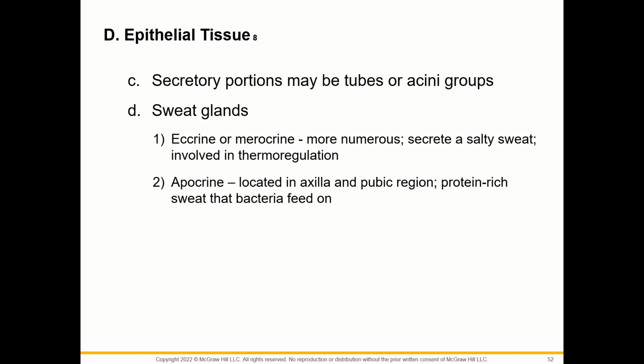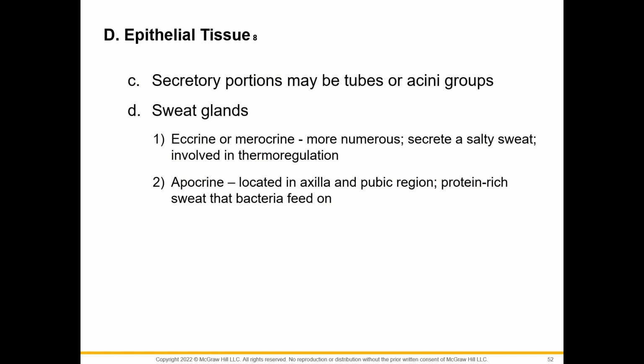The secretory part, the part that secretes the exocrine substance, may be tubes or acini groups. If they're acini groups, they're going to be more bulbous shaped than the tube. Sweat glands are a good example. Eccrine and merocrine are more numerous than the apocrine. Eccrine or merocrine secrete what we call a salty sweat, and they are involved in thermoregulation and are found basically all over your skin, except on your lips and nipples and a couple other spots.